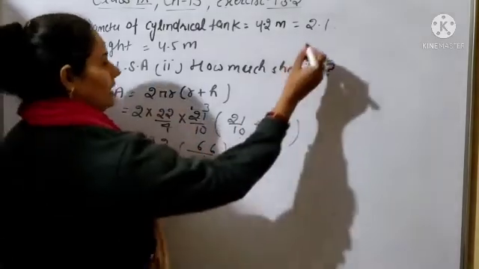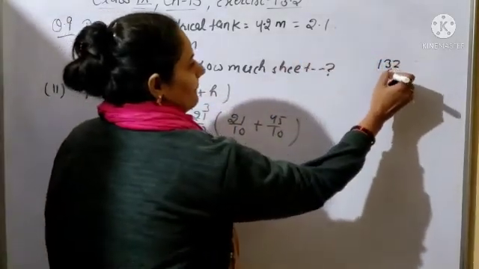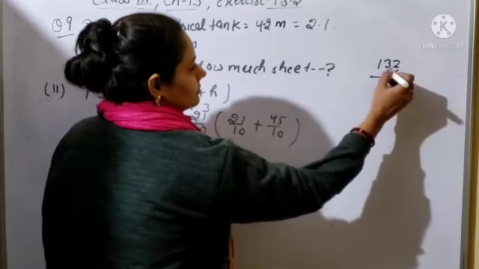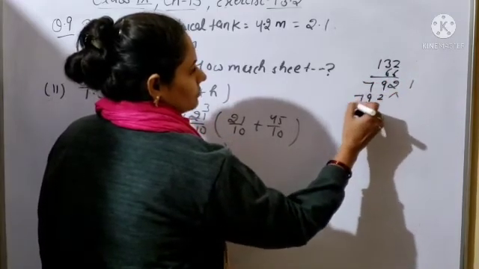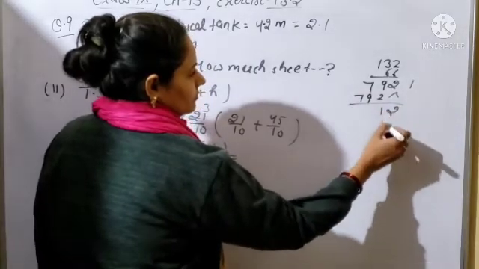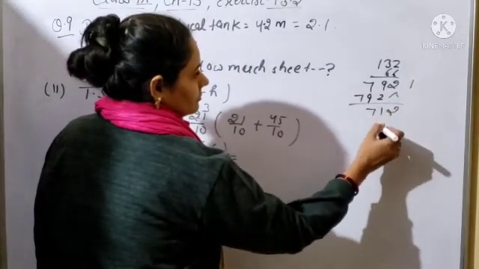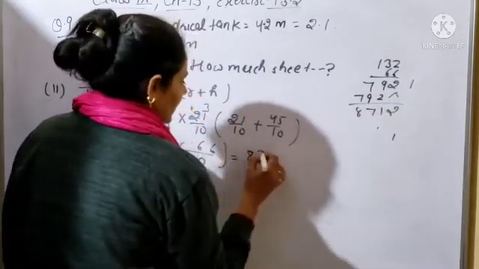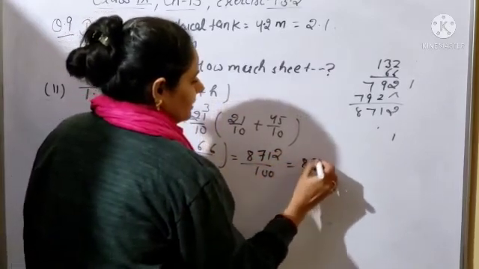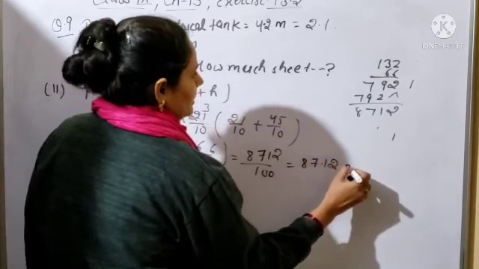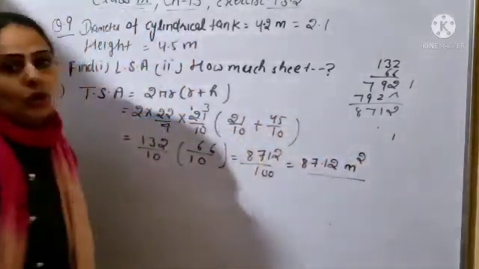Now multiply 132 and 66. It is 8712, and divide by 100, so it will be 87.12 meter square. So this is the total surface area.